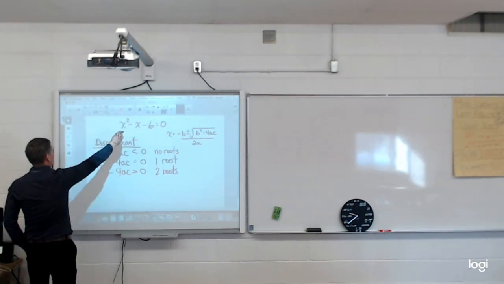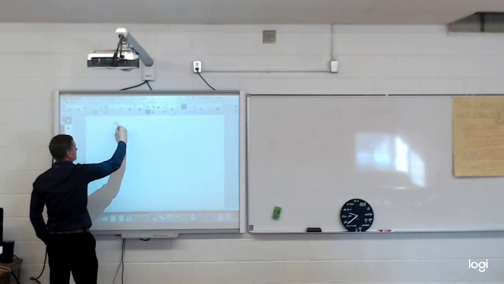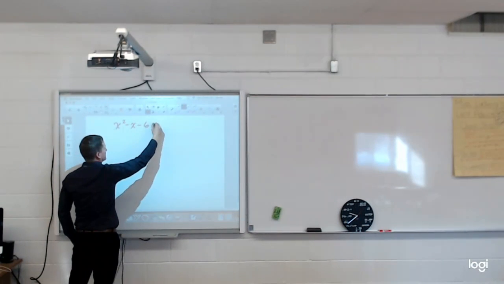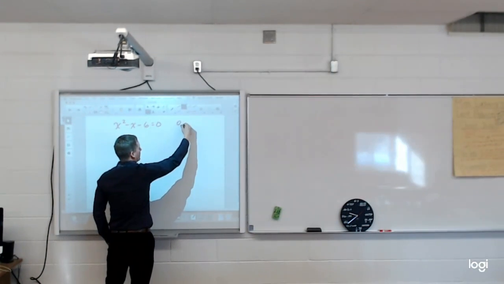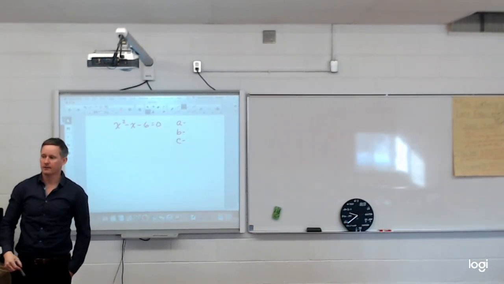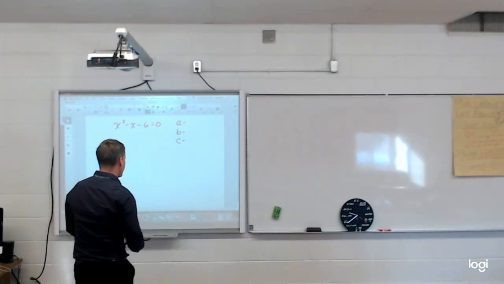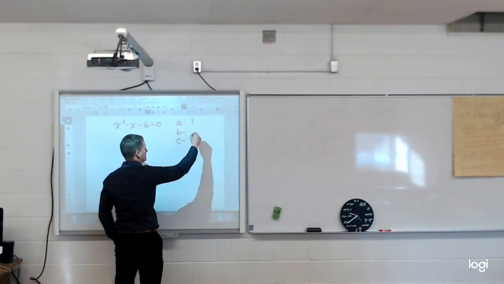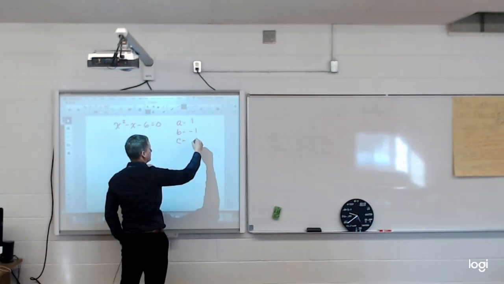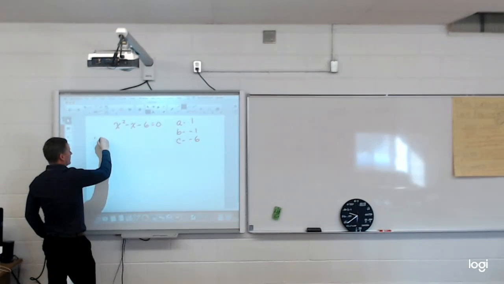Okay, so let's solve this one then. I've got x squared minus x minus 6 equals 0. If I can't factor it, the first thing I do is write out a, b, and c. What's a? 1. What's b? -1. What's c? -6. Okay, so let's use our formula.